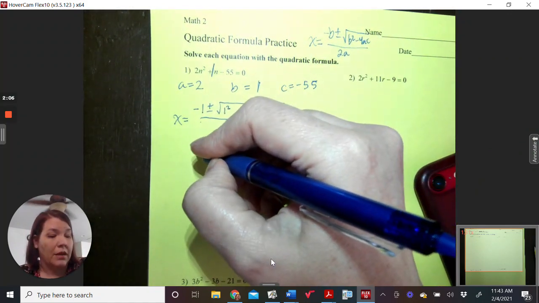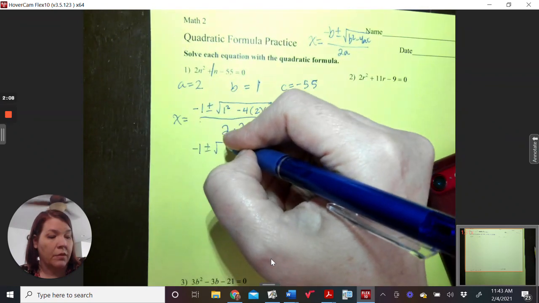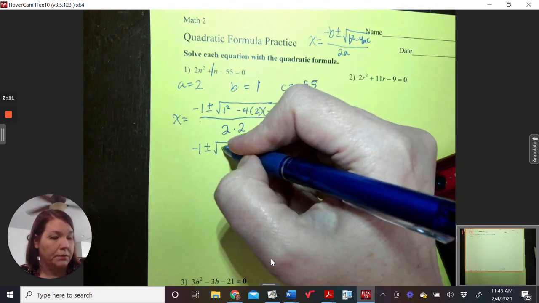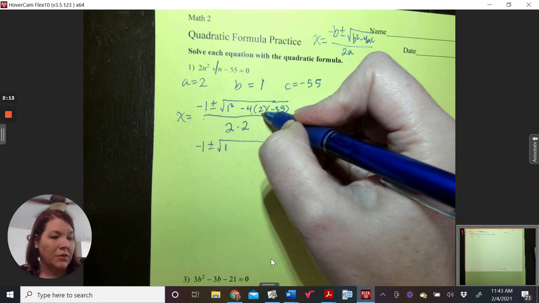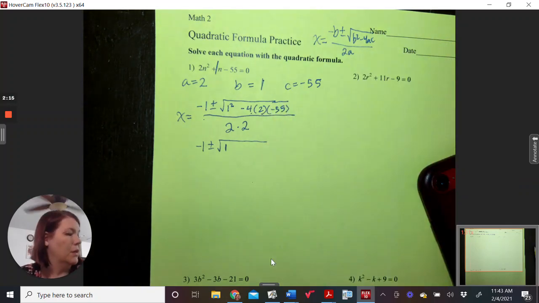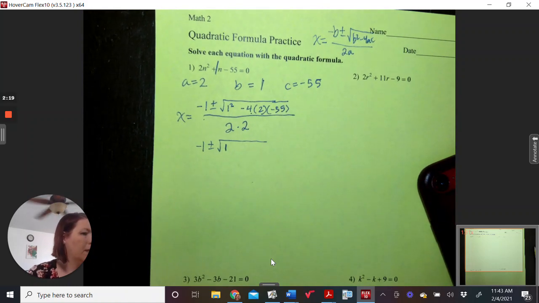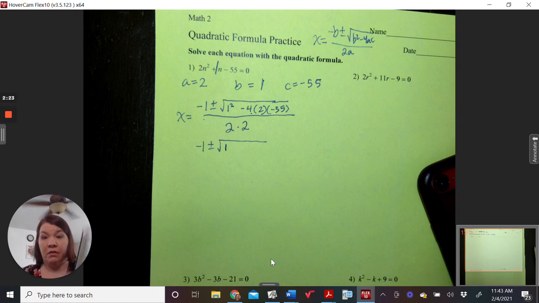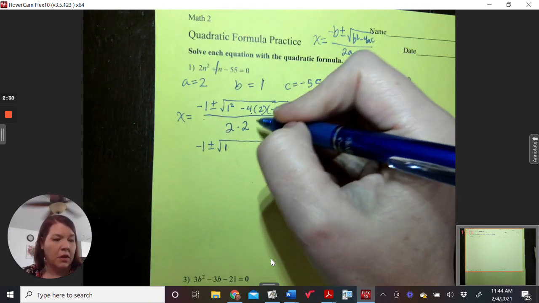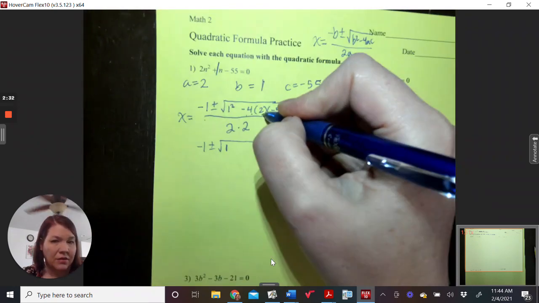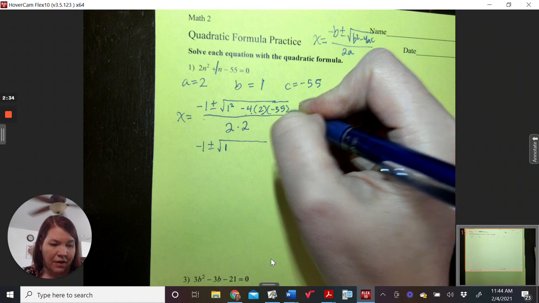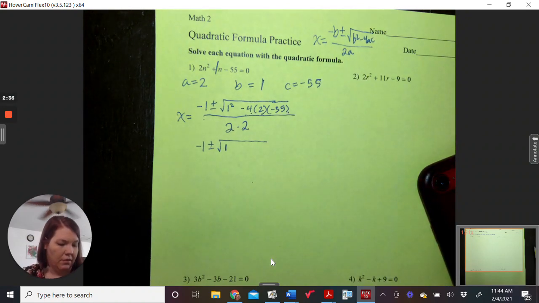So then we get negative 1 plus or minus the square root of 1 squared is 1. 4 times 2 is 8 times negative 55. And 8 times 55, I don't know. So I'm going to use the calculator and find out, because why waste the time?